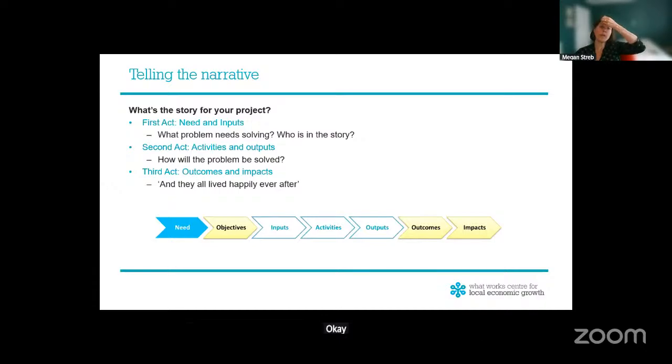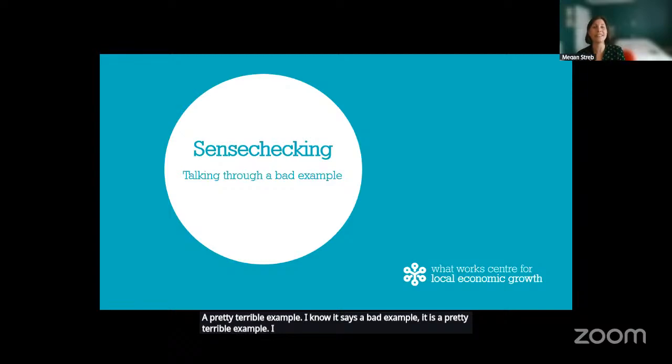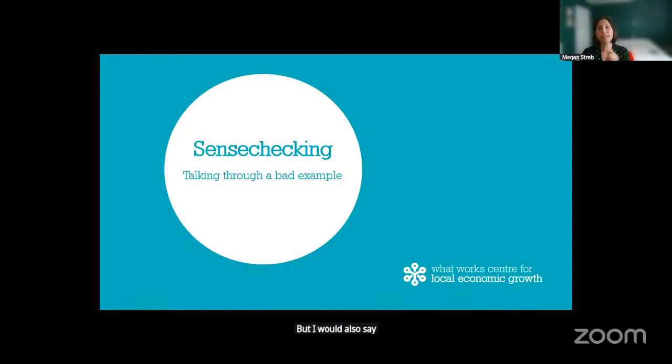Okay, so now we are going to sense check through a pretty terrible example. I know it says a bad example. It is a pretty terrible example. I'm going to make sure this is super clear. This is purposefully bad, but I would also say at first glance, this will look similar to projects that you've come across before, right?